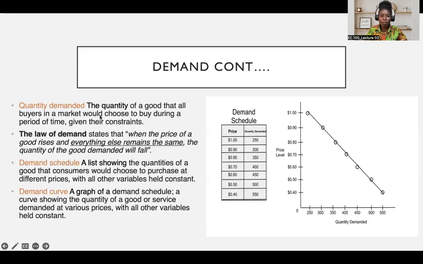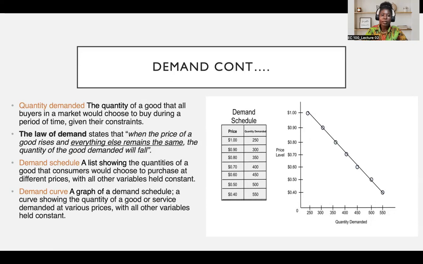So these are some of the key concepts when you think about demand. Quantity demanded is the quantity of a good that all buyers in a market would choose to buy during a period of time given their constraints. These words are very key: what you choose to buy at a point in time given the constraints that are present.